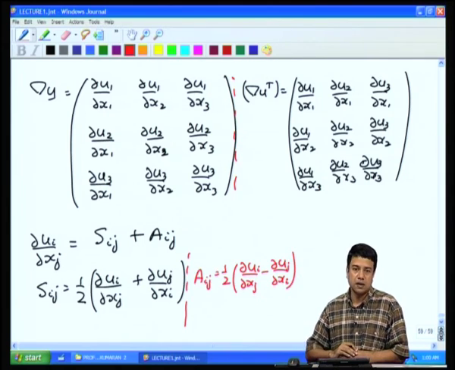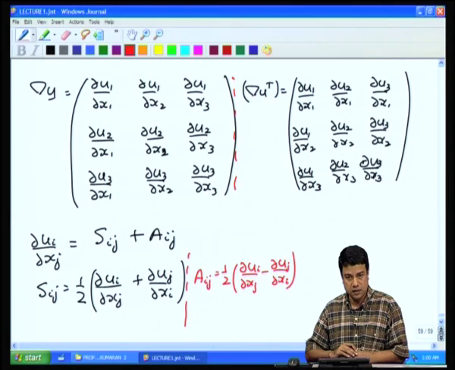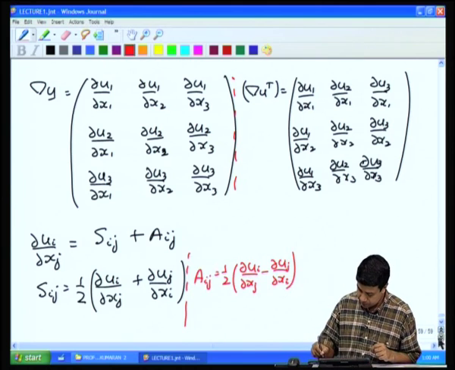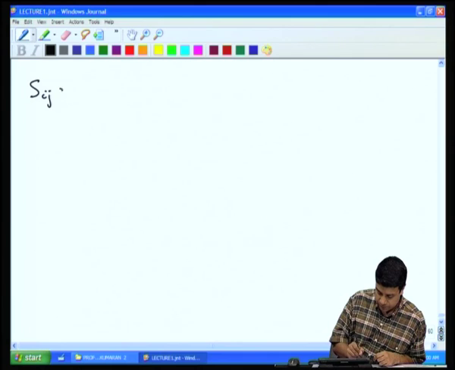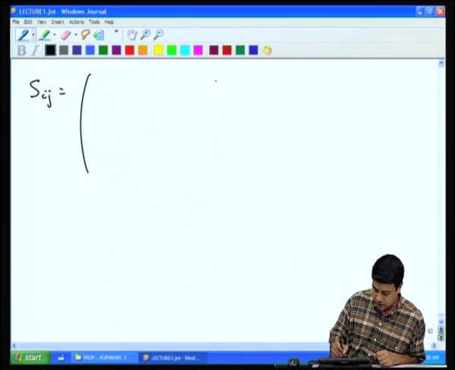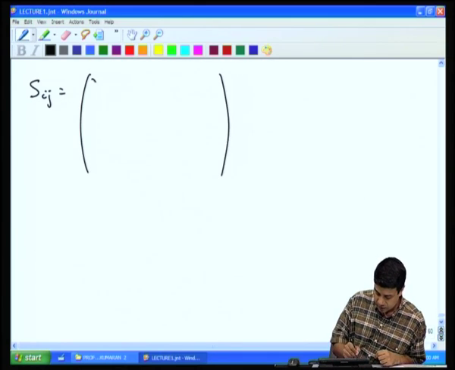And I can further decompose the symmetric matrix into 2 parts. One is what is called a trace, an isotropic matrix, and the other is what is called a symmetric traceless matrix. So, Sij, if I write it out in longhand, is partial u1 by partial x1, half, and so on.